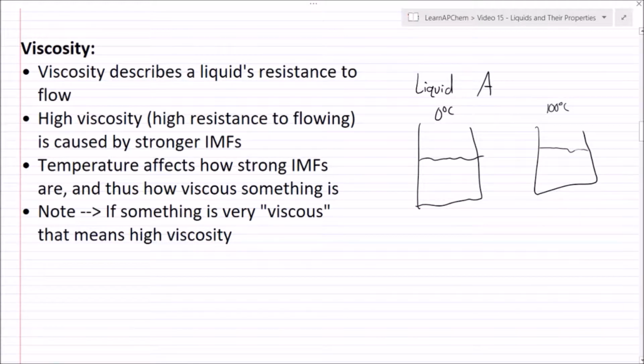And just a quick note, if something is very viscous, that means that it has a high viscosity. So you would say that syrup is a very viscous liquid. That's just something to know in terms of vocab.